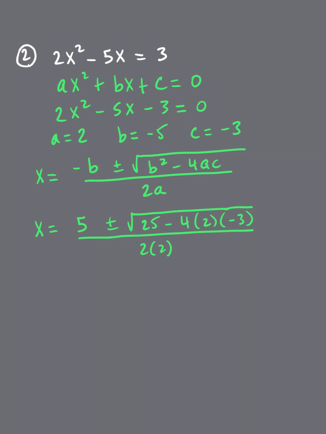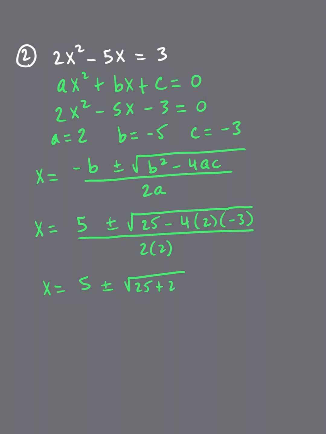So we have x equals 5 plus or minus the square root of 25 plus 4 times 2 times 3. Make sure you multiply these first. You can multiply any of these three numbers in any order, but just don't subtract from 25. Okay, so we can do 4 times 2 is 8, times 3 is 24.